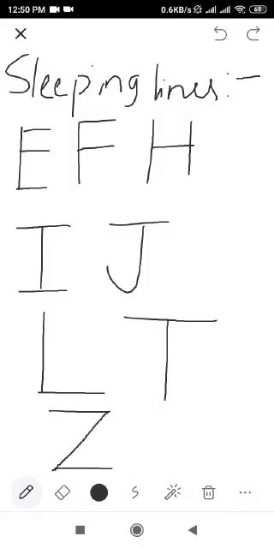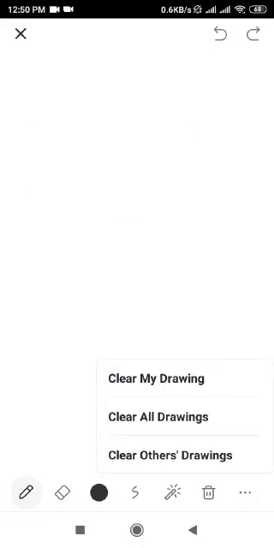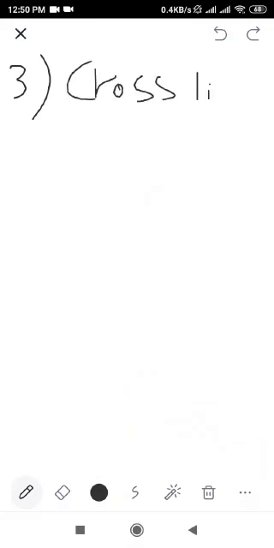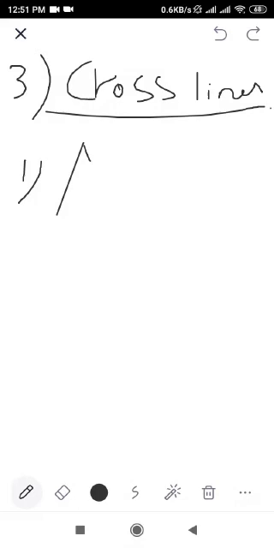In many alphabets, we use the cross lines, right? So let's see how many alphabets are there in which we use the cross lines. So, first of all, in alphabet A, we use two cross lines. 1, 2, right? And to join them, one horizontal, that is sleeping line, is used.